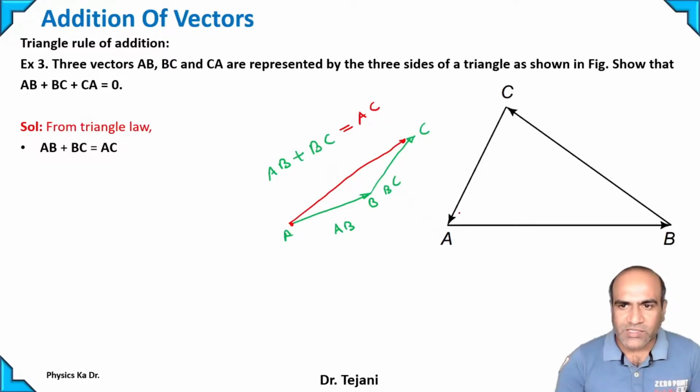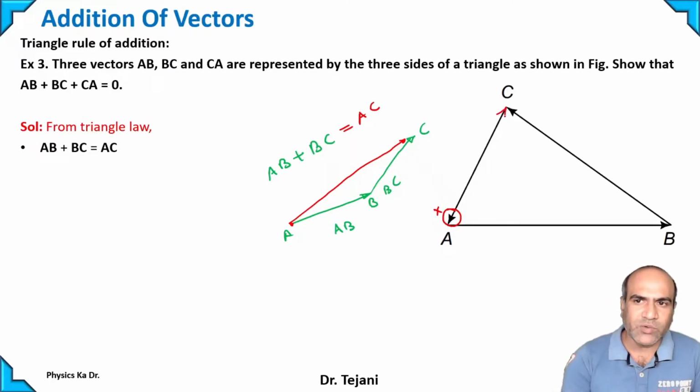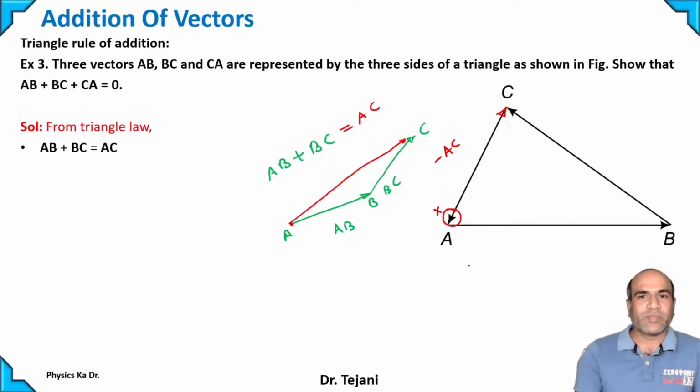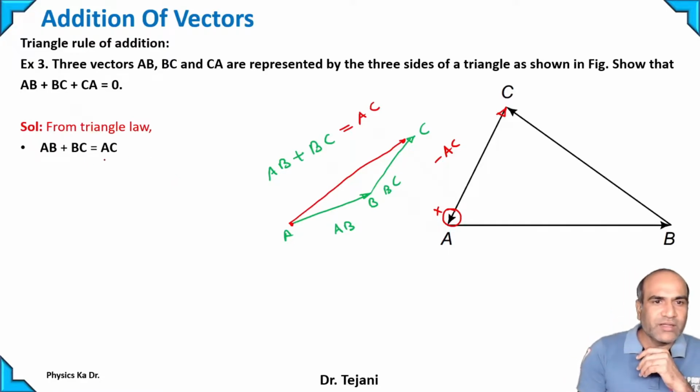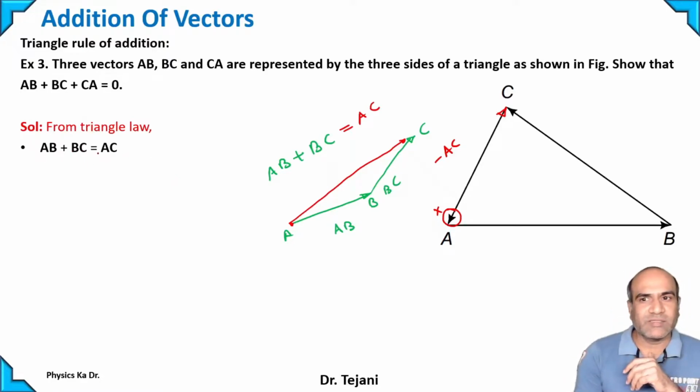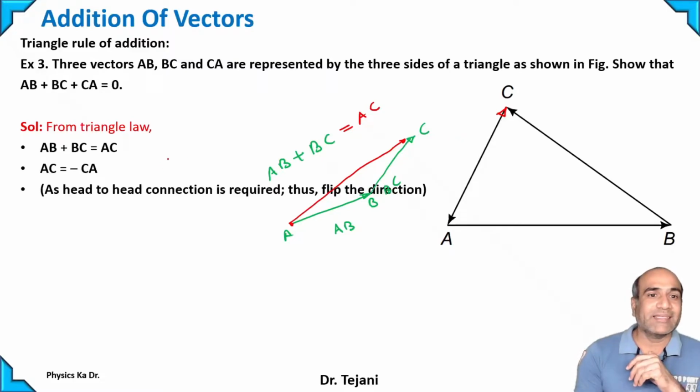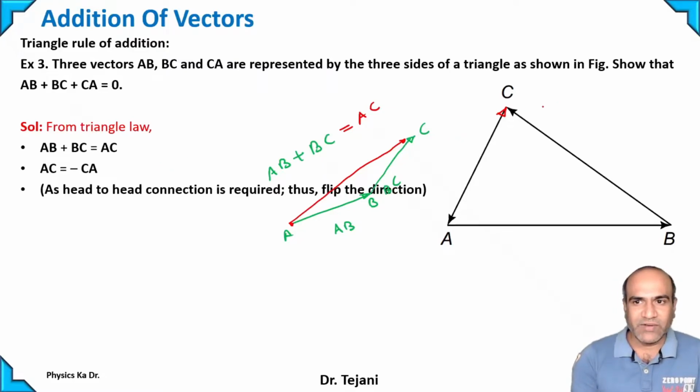If you see here, there is an opposite sign. AB is okay, but the direction of C is opposite. If I want to reverse this sign, AC should be negative, right? So here we see AB plus BC becomes AC, and we need to reverse this direction as per the triangle law.